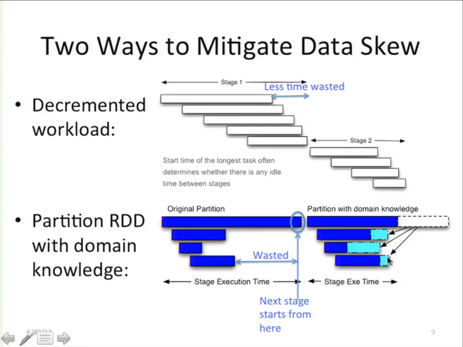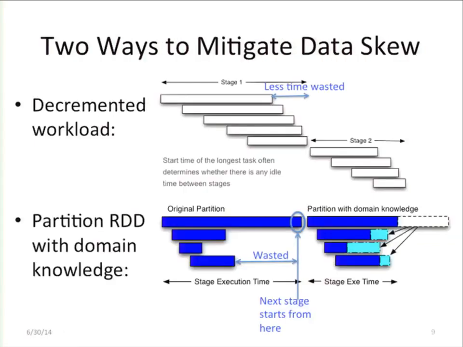You can see if we have the domain knowledge, we can know that this task might contain the TAF data. So we can partition the RDD this way, which will have the stage execution time be shorter.